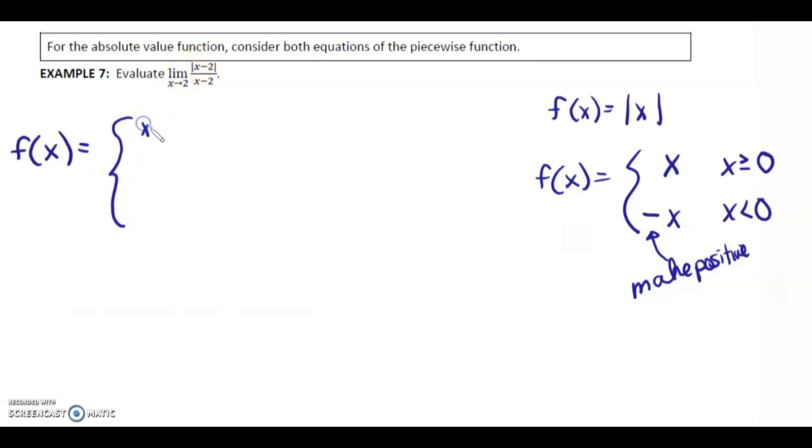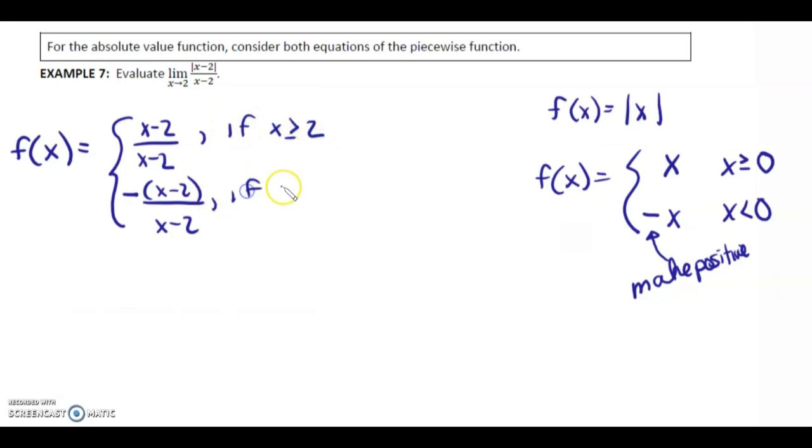We're going to have (x minus 2) over (x minus 2), and then we're going to have minus (x minus 2) over (x minus 2). The first is if x is greater than or equal to 2, and the second is if x is less than 2, on those two domains.